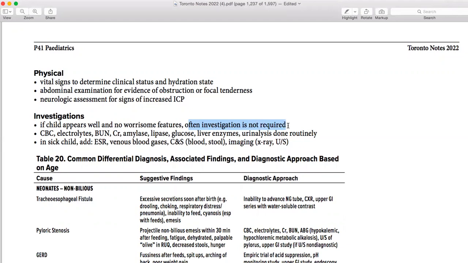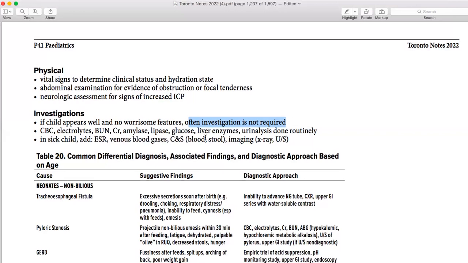If the child has a first vomiting with food and it is not bilious, that is fine. But if it is coming again and again, whatever he eats he vomits, this is worrisome. If a child is vomiting blood, even for the first time, this is not normal, so you have to start the investigation. But if he just eats and spits it out, it's normal, so you don't have to do an investigation.